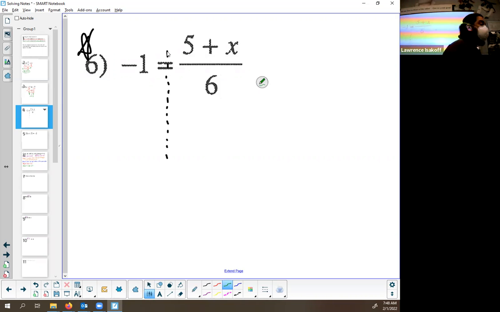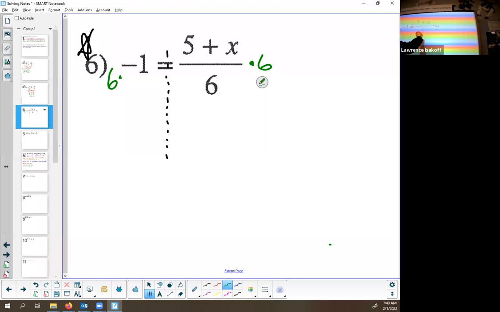So if it's a fraction, what operation does that imply again? Division. Okay. It's division that's happening, but that implies we multiply, right? So we're going to multiply both sides by 6.